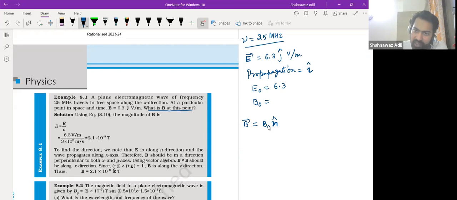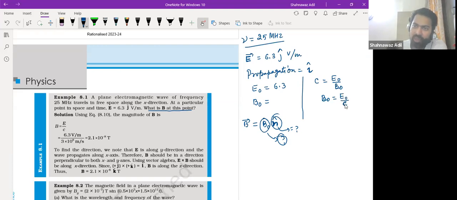So we have to find out what is B naught, we have to find out what is n hat. Right? These two things we have to find out. So to calculate B naught, what property we will use? Yeah, we know that C is E naught by B naught, right? So B naught would be E naught by C, right, Aisha? Yes. So then we can directly calculate.